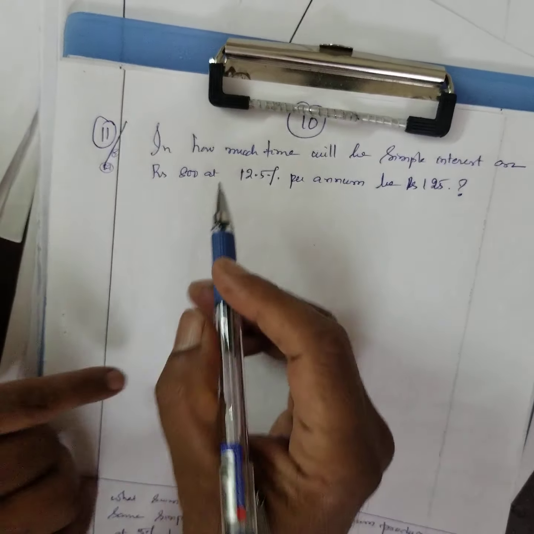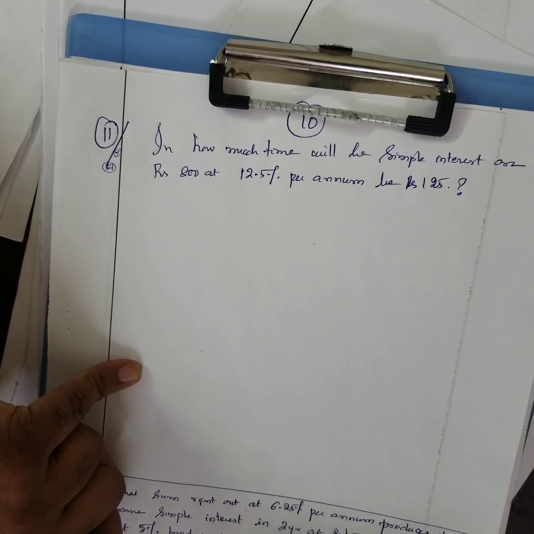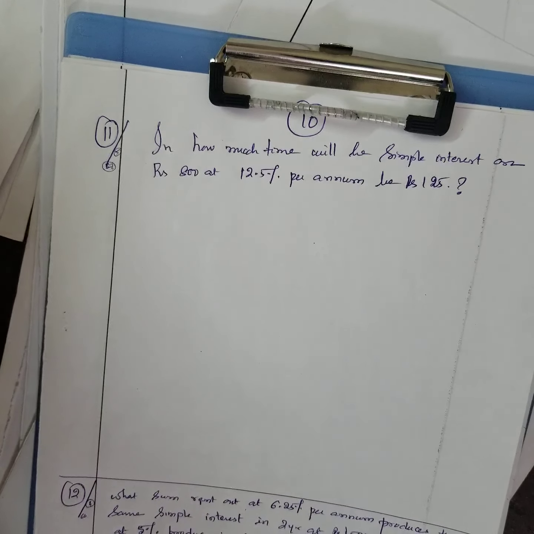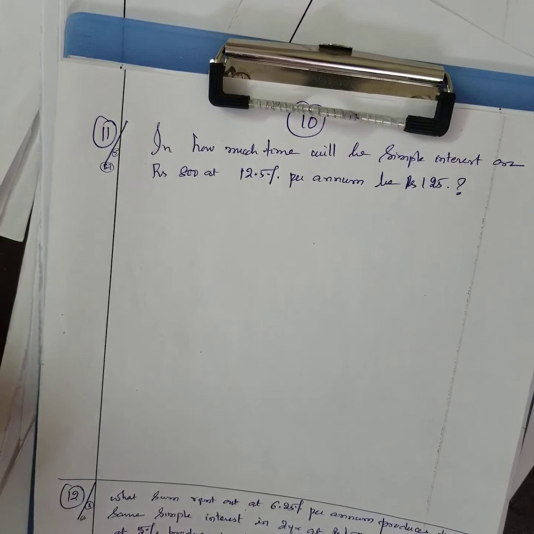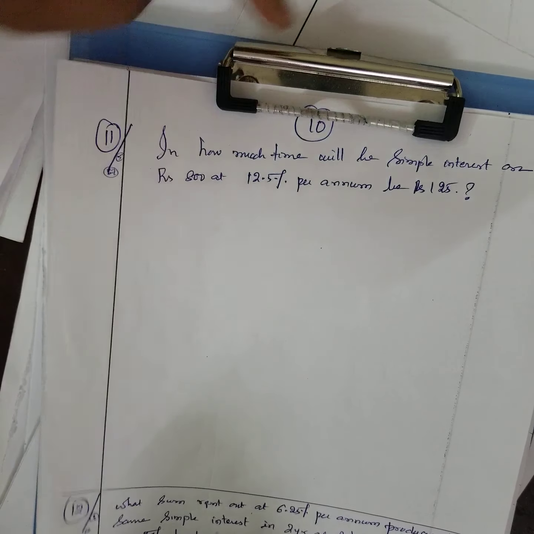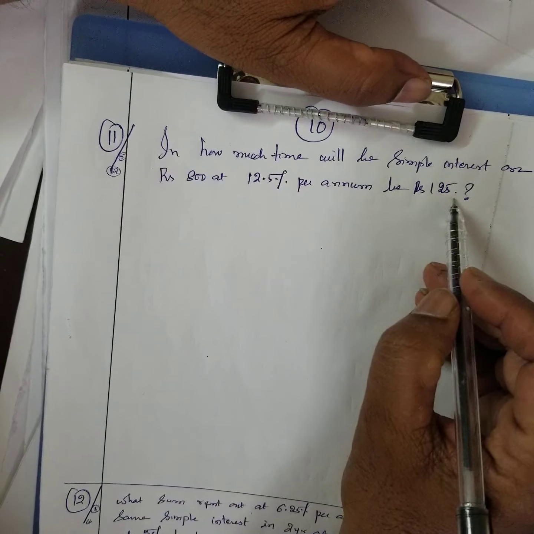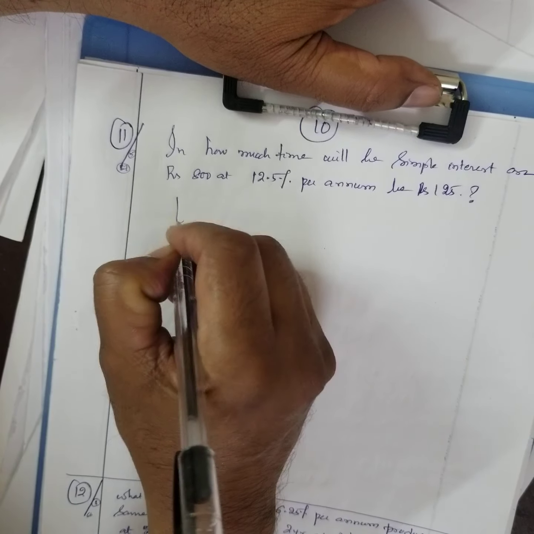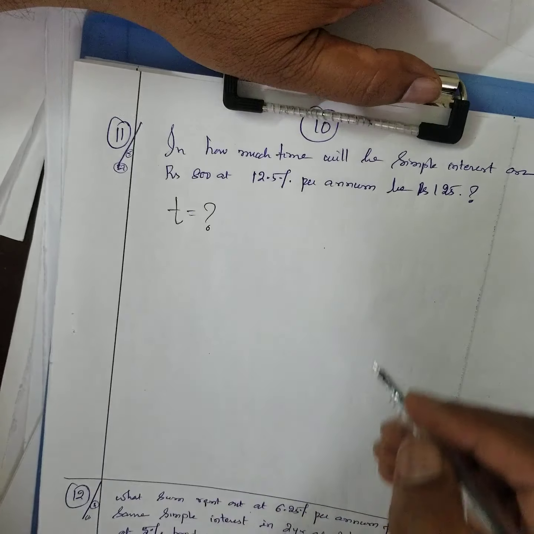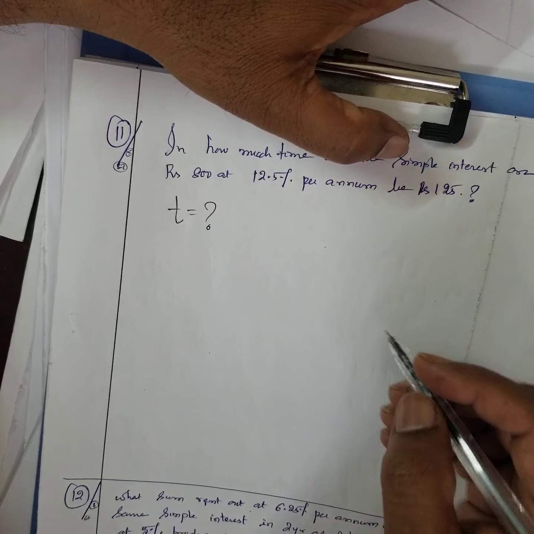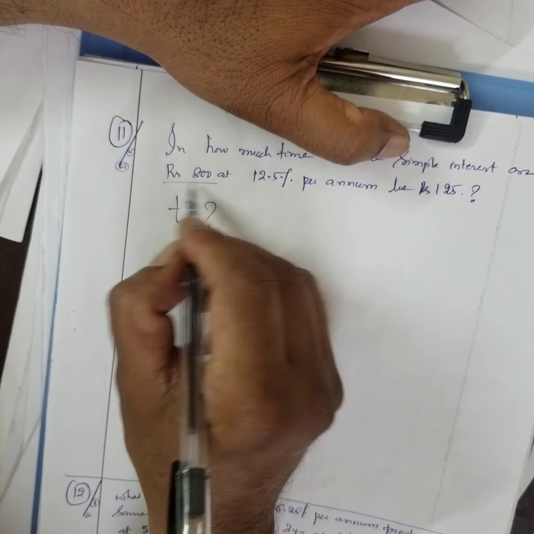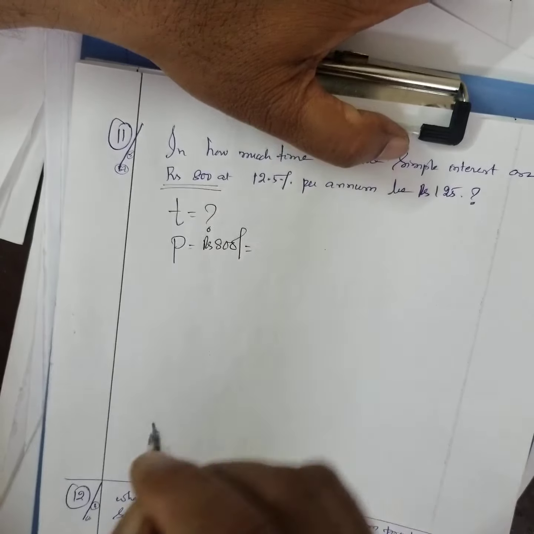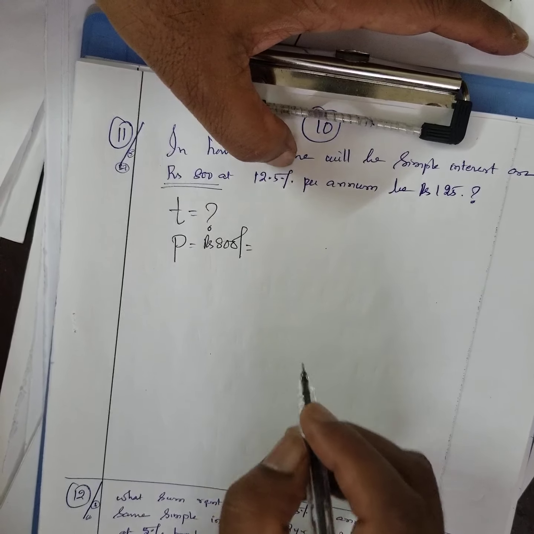Now, in how much time will the simple interest on 800 at 12.5% per annum be 125 rupees? That means they are asking you how much time the simple interest on 800, that is, the principal is 800 rupees, at 12.5% per annum.